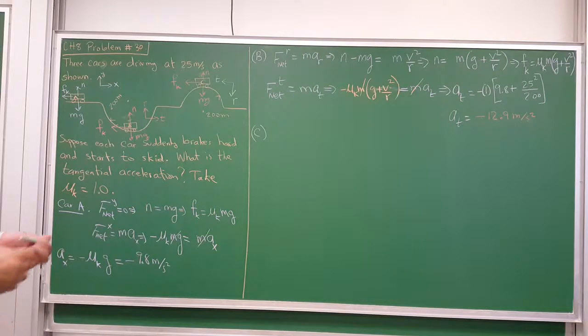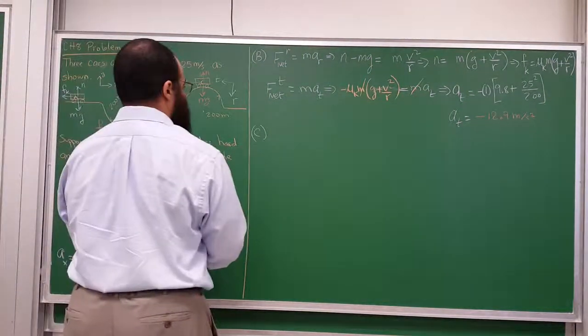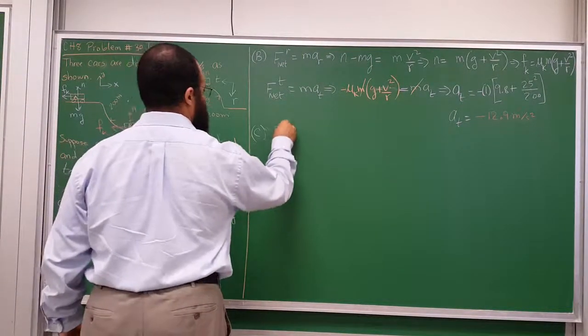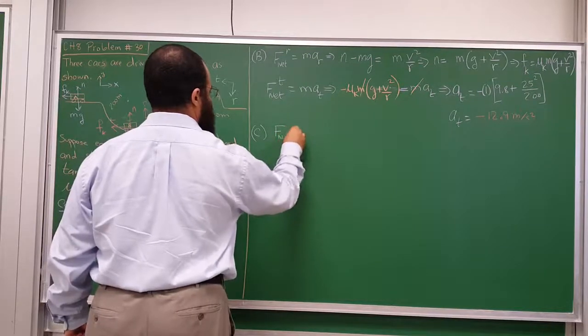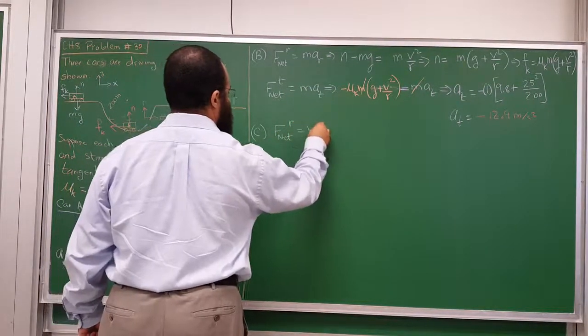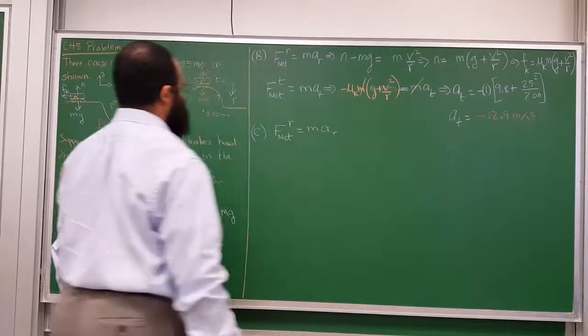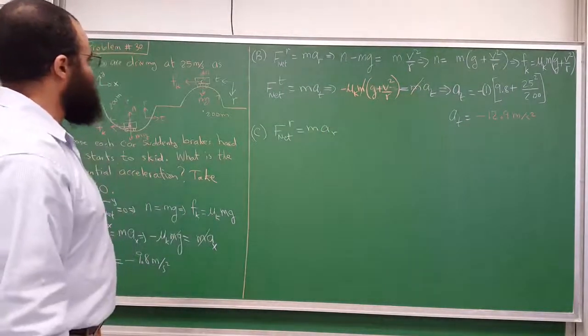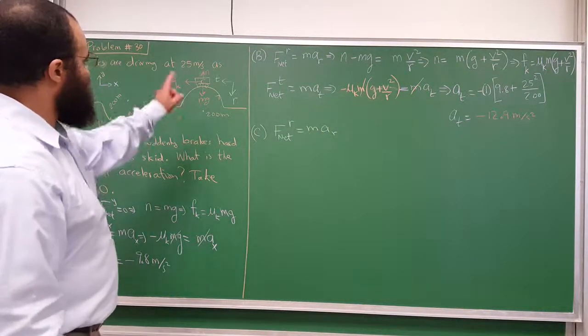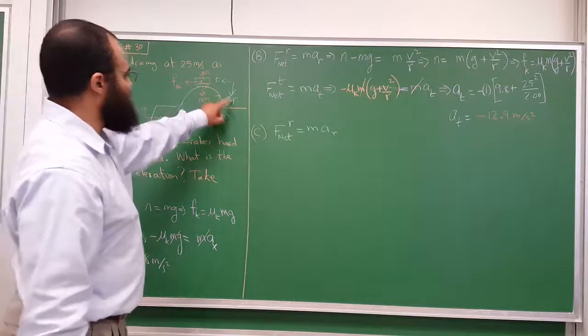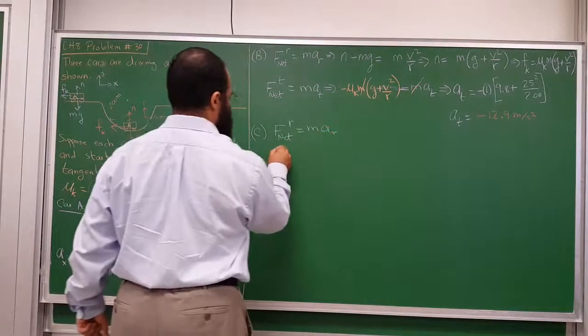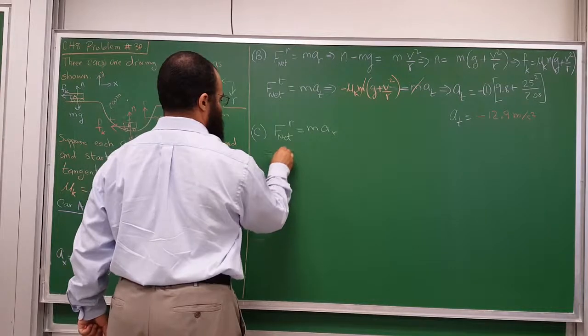Okay, so we will say the net force in the radial direction will equal the mass times the acceleration in the radial direction. What are the forces? You've got the normal force upward, that's negative in the radial direction, so that gives me negative n.